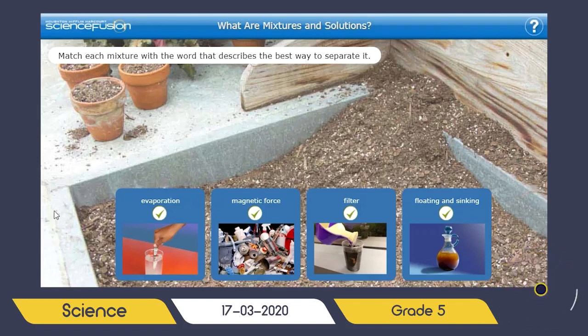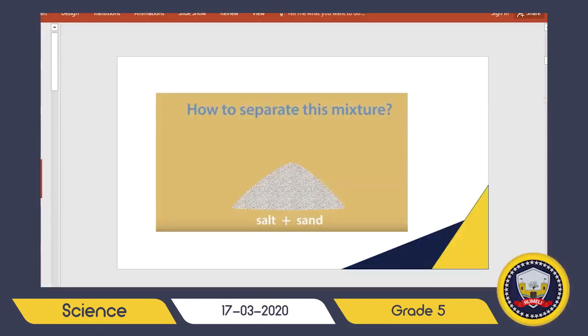Because materials have different properties, the best way to separate one mixture is not always the best way to separate a different mixture. Don't forget, each mixture will need a different way of separation. Let's try to solve another example. This is a more complex one. We have a mixture of salt and sand. How are you going to separate this mixture?